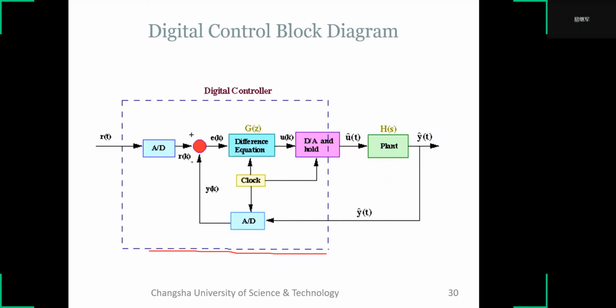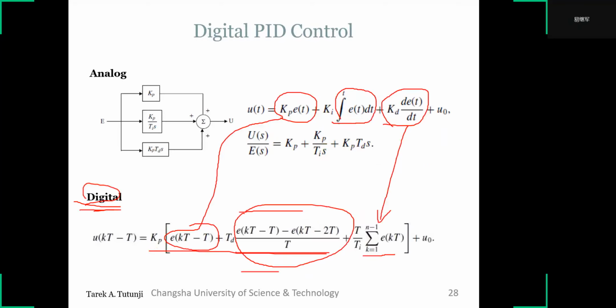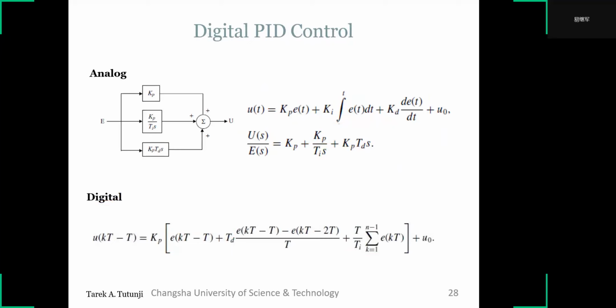If we want to calculate this equation, we need to know the values from k equal to 0 to the current value.